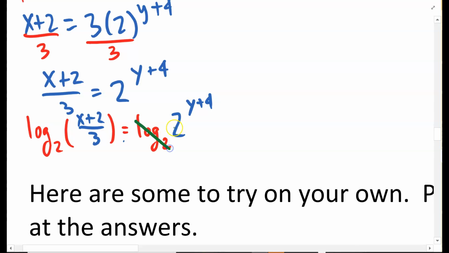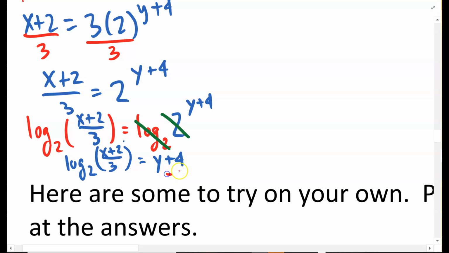We know that the log base 2's cancels the 2's, and so on the right we're left with y plus 4. So we get log base 2 of x plus 2 over 3, we'll leave it in parentheses, equals y plus 4.